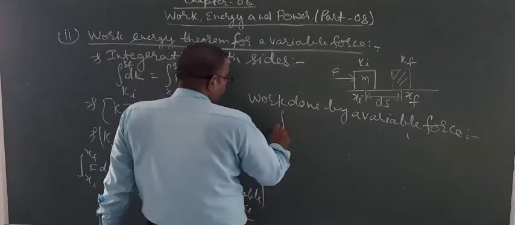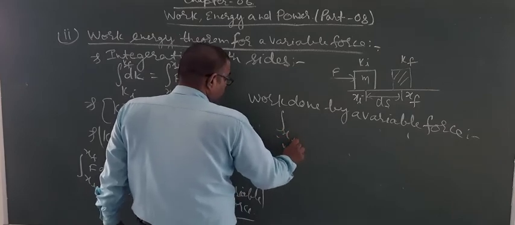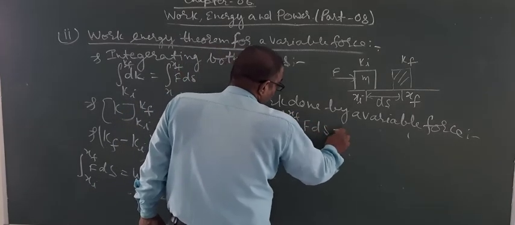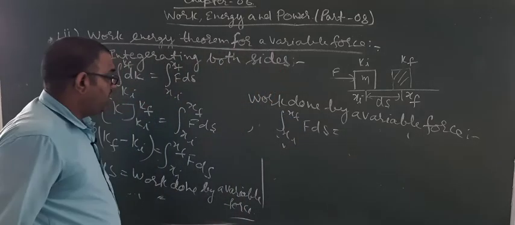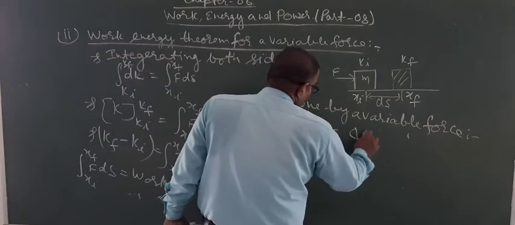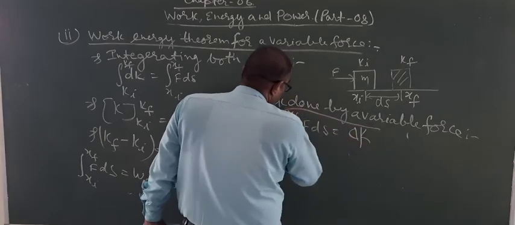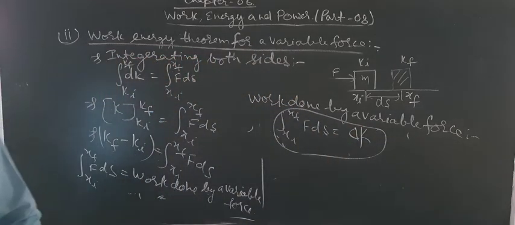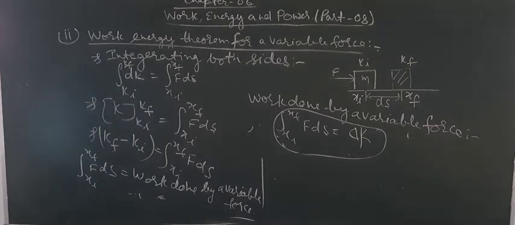Work done by a variable force, that is the integral from x initial to x final of F into ds, is equal to change in kinetic energy, delta K. This is the work done by the variable force.